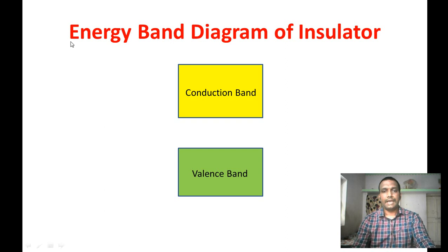This gap is nearly about 8 electron volt, and because of this gap, electrons present in the valence band do not easily move into the conduction band. So this material acts as an insulator.